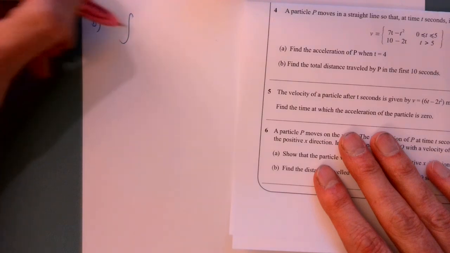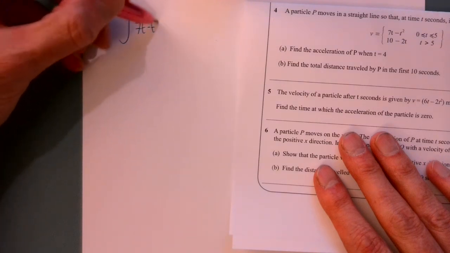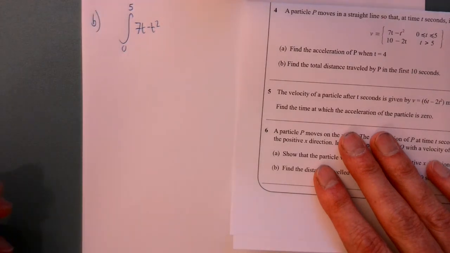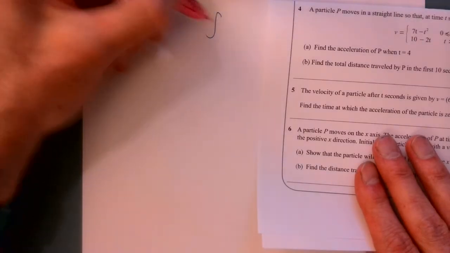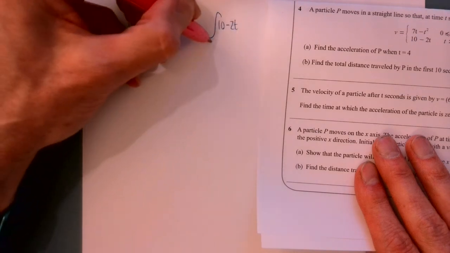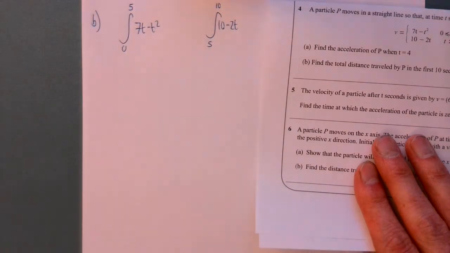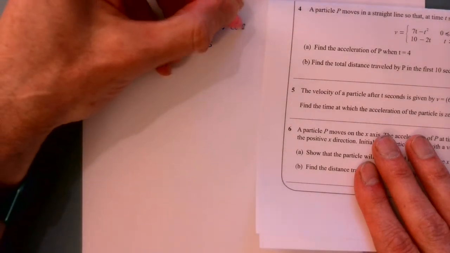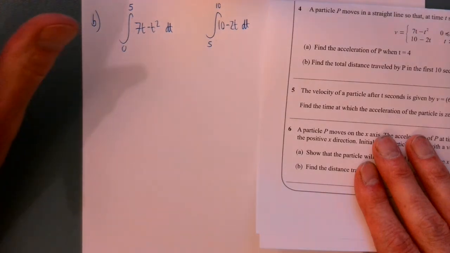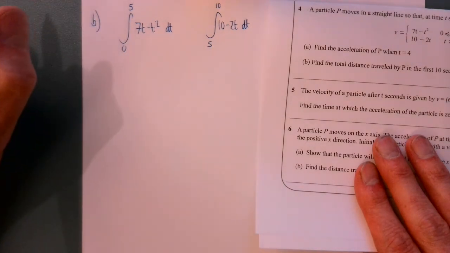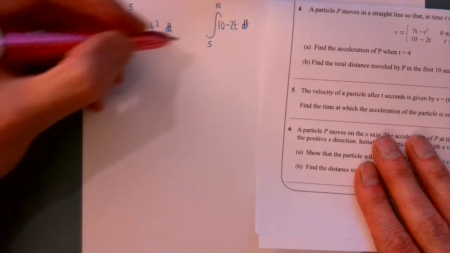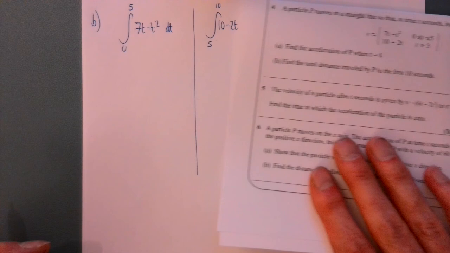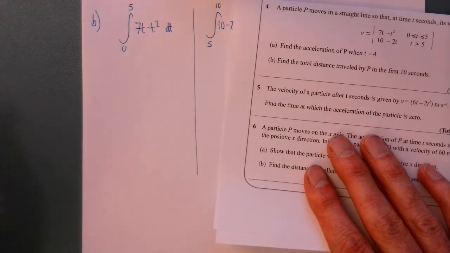The first one I need to integrate between 0 and 5, and then I also need to integrate the second one between 5 and 10, and both of those are with respect to t. So it's two quite straightforward integrations. So go on, pause the video, see if you can do them separately, and then interpret what you get to tell me the total distance travelled in the first 10 seconds.